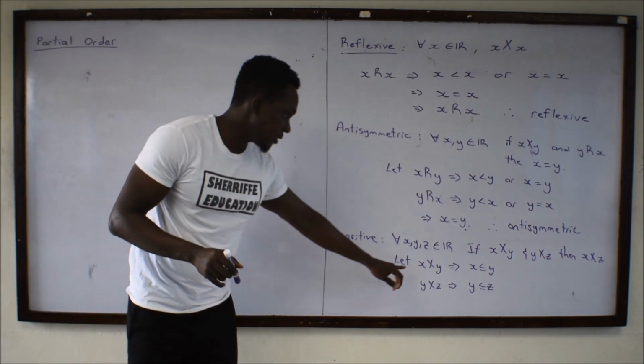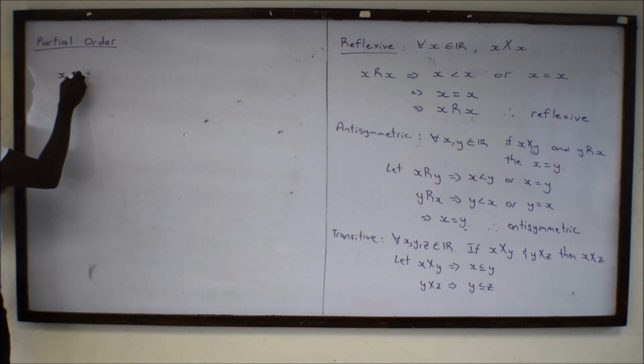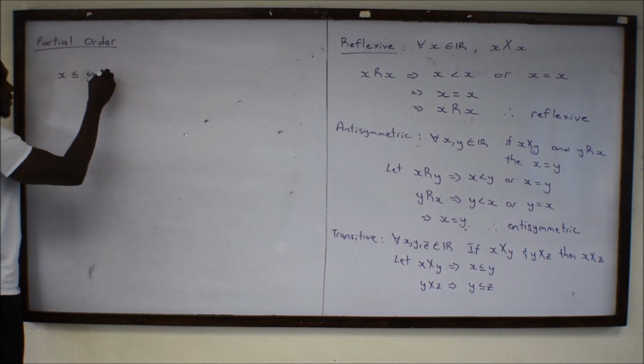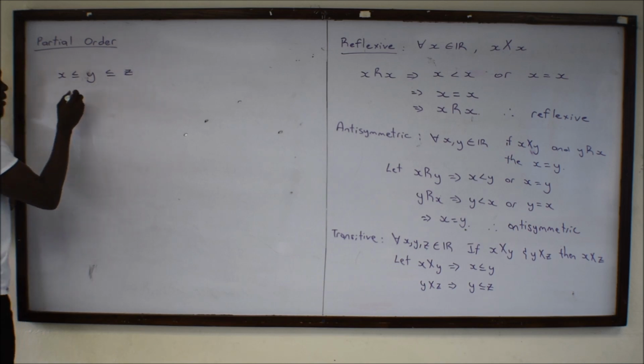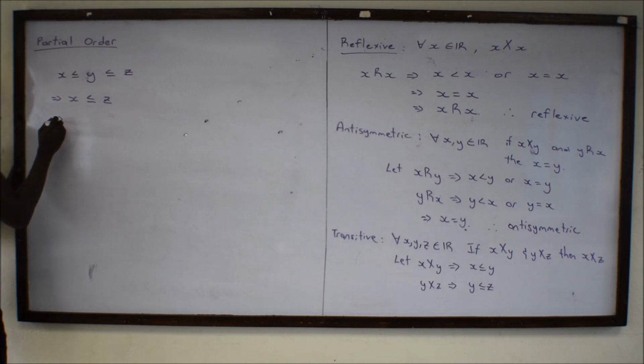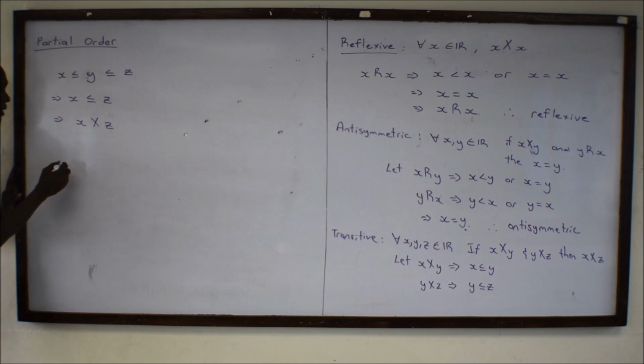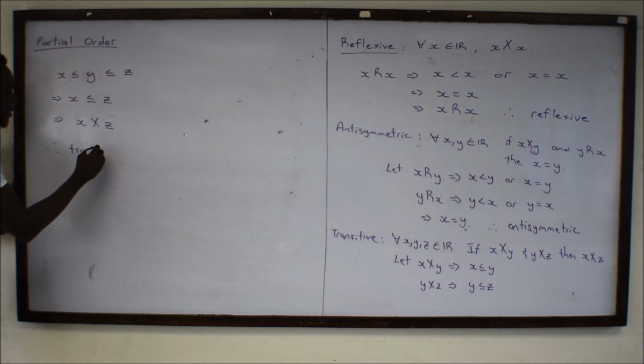So since these two are given, we have x is less than or equal to y, which is less than or equal to z, which tells us that x is less than or equal to z, which tells us that x is related to z. Therefore, transitive.